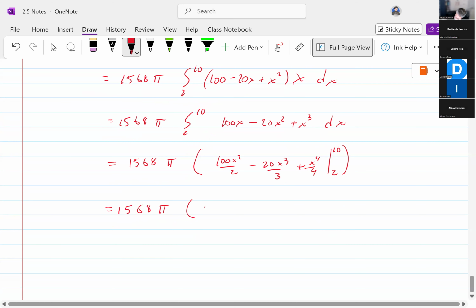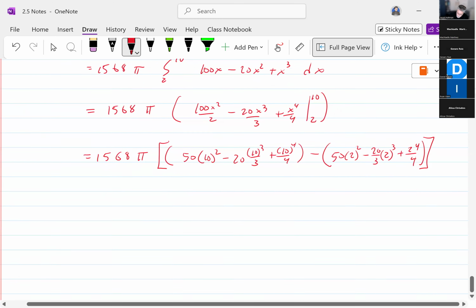This becomes 50 times 10 squared minus 20 times 10 cubed over 3 plus 10 to the 4th over 4, minus 50 times 2 squared minus 20 thirds times 2 cubed plus 2 to the 4th over 4.